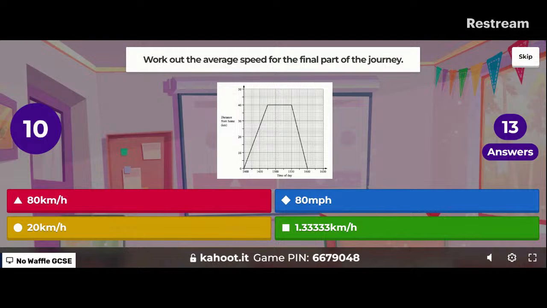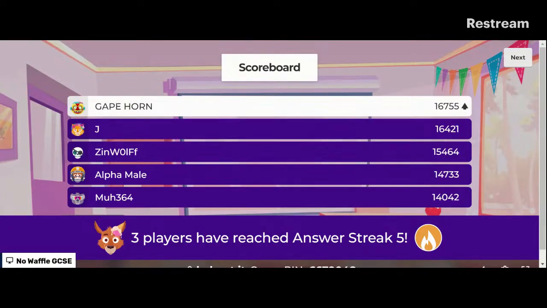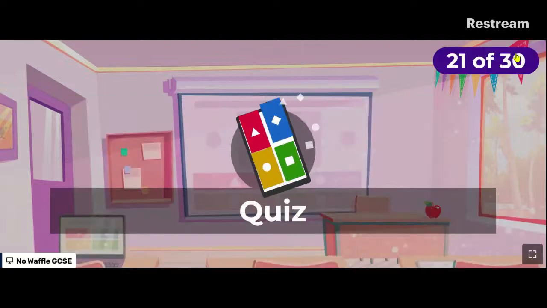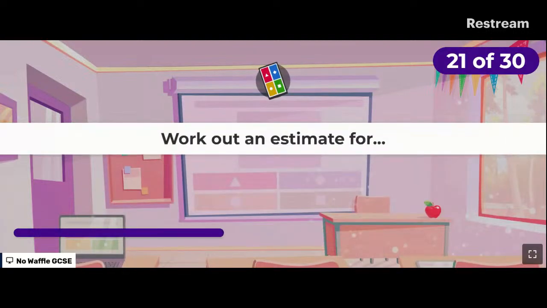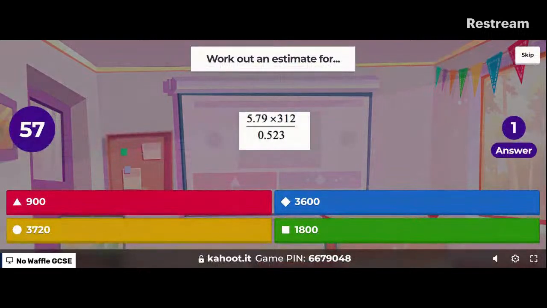Bob the Builder is at the top of this game. Just about 5 questions left for the first game. You've got 6 questions left for the second game.